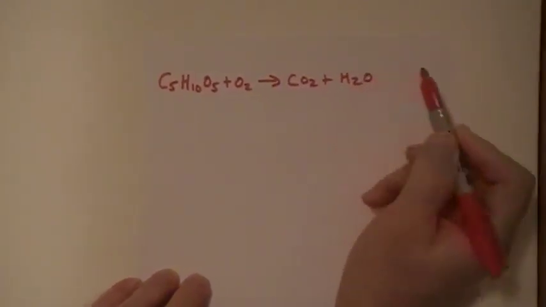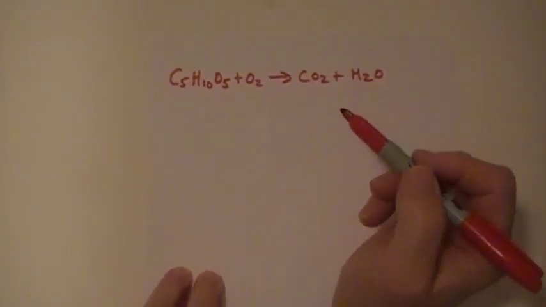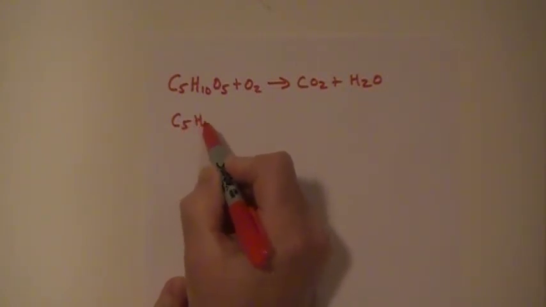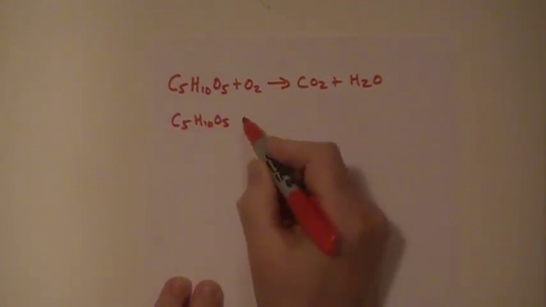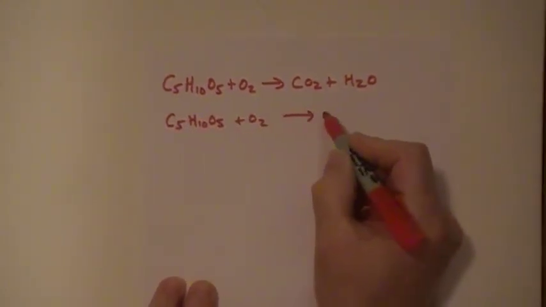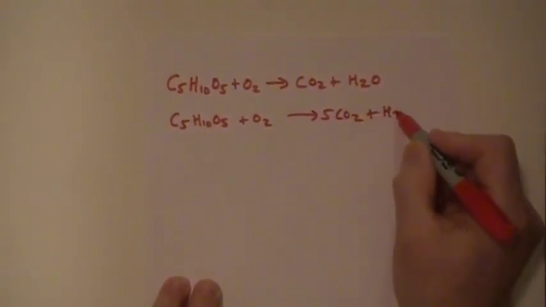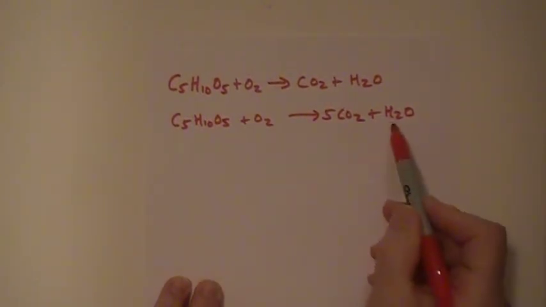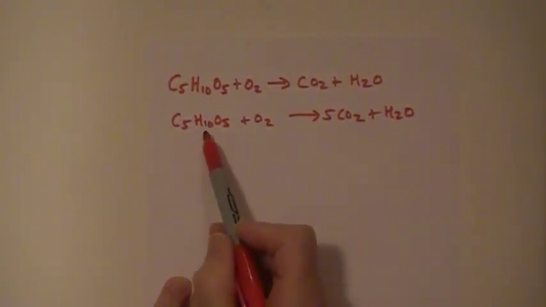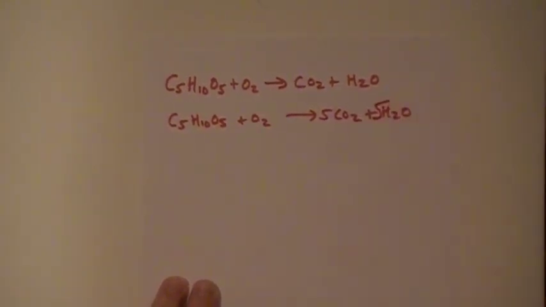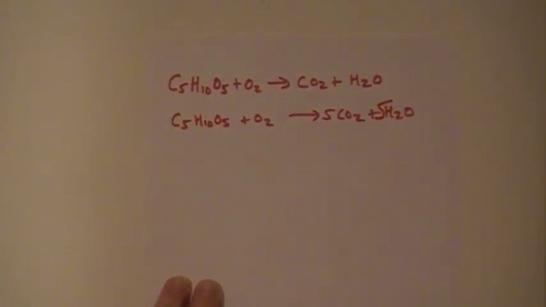That's a combustion reaction. So the way we balance that first is let's put a 5 in front of the carbon dioxide to balance the carbons. And next, let's balance the hydrogens. There are 10 hydrogens here, 2 here. So if we put a 5 in front of that, we'll have 10 hydrogens.